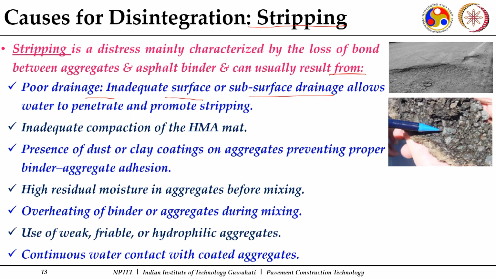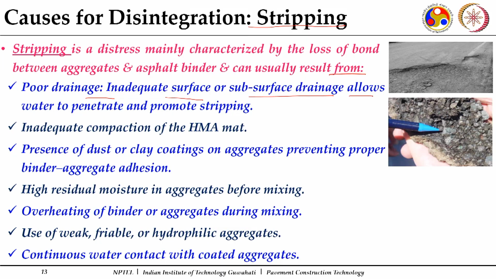And if subsurface drainage is not good enough, then capillary water will rise, it will fringe, vapors will be there, and a good amount of pore water pressure will get created under the traffic. That will lead again to stripping, which will mostly happen from the bottom of your bituminous courses, because there are more chances of water from the underlying courses.